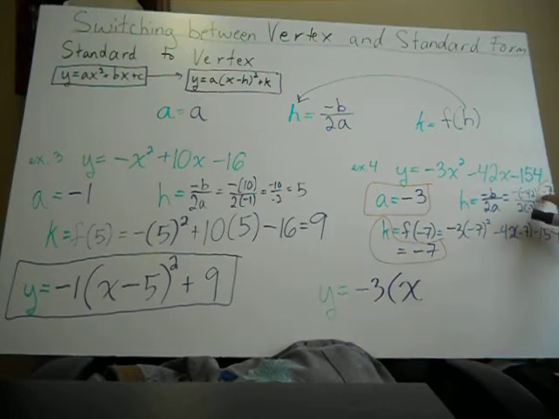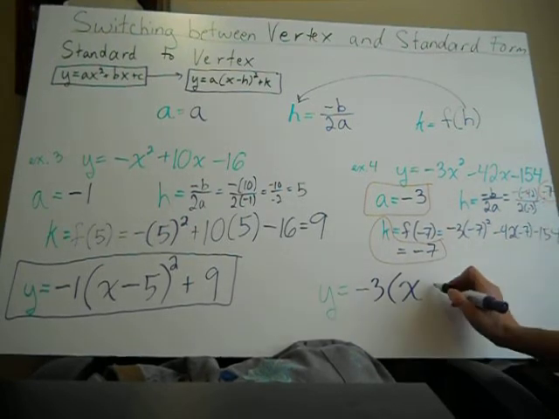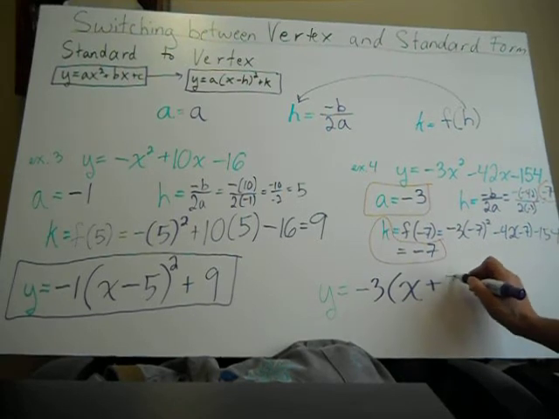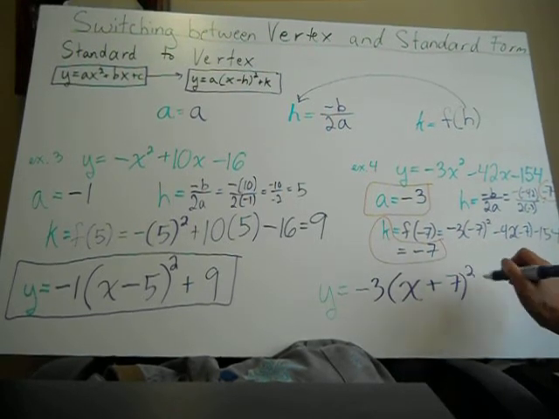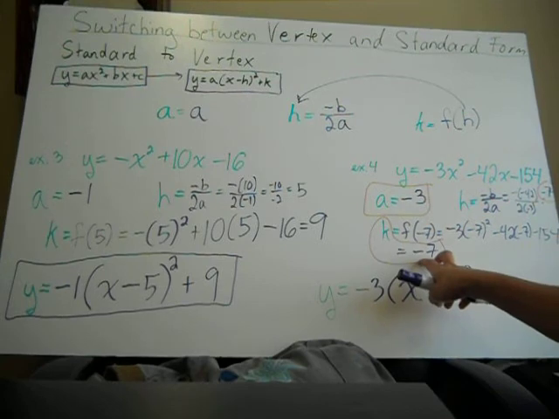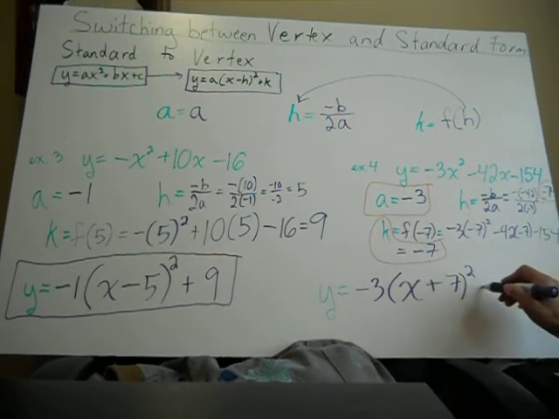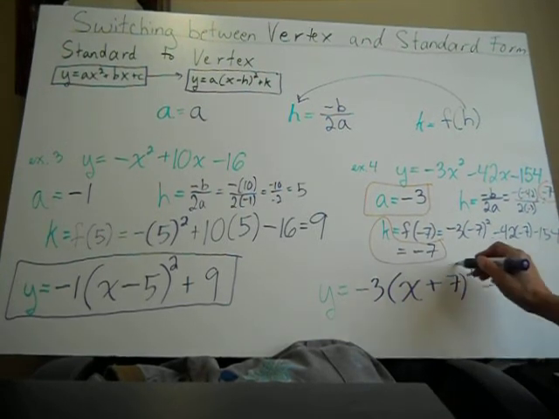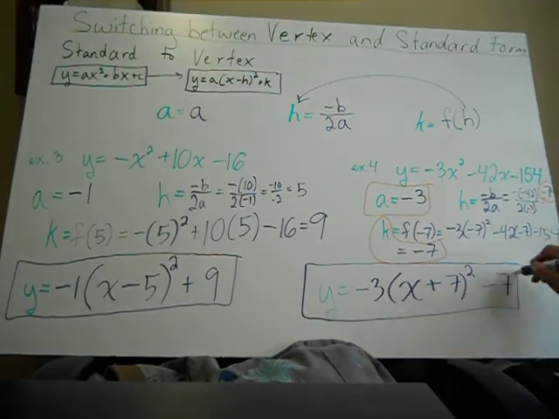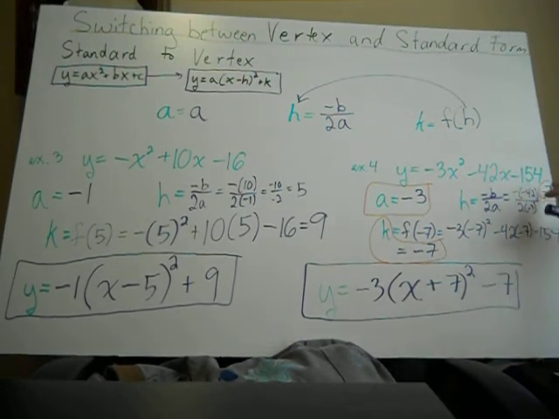But since h is a negative, when you have minus a negative, that's where you end up with a plus there. So x plus 7 squared, and then plus k, so plus a negative is the same thing as minus. And these two are now the same function. If you were to graph them, you get the same picture, they have the same vertex, and that is that.